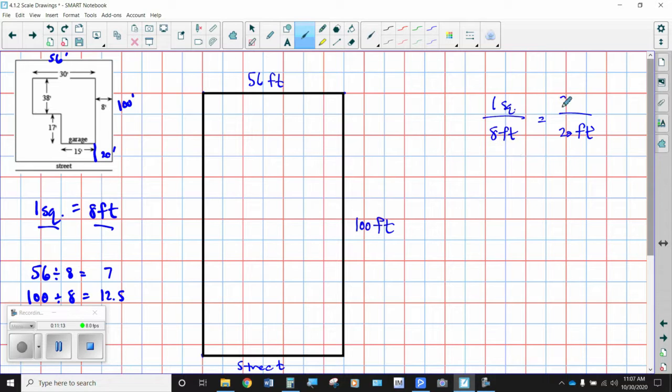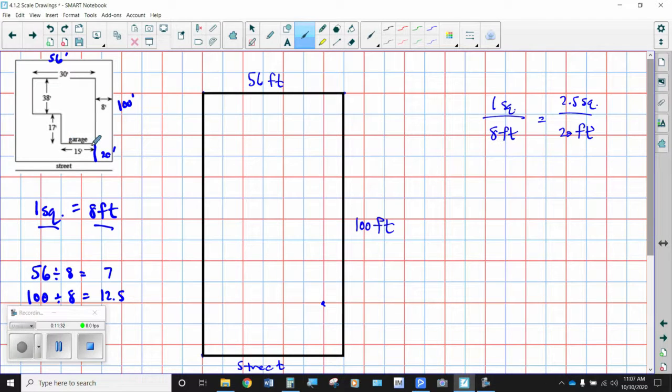I think that's 2.5, so this is going to be 2.5 squares in. And maybe I should be calling them units instead of squares, but I think you get the idea. All right, so let's start with this corner here. It has to be 2.5, and this is 8 feet here. That's 1 square, and so that's the corner of the house.